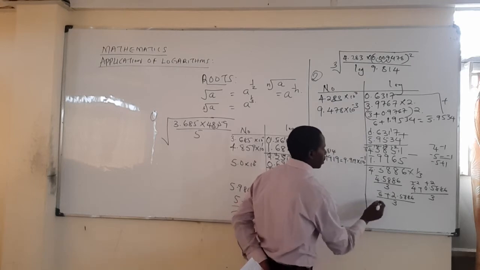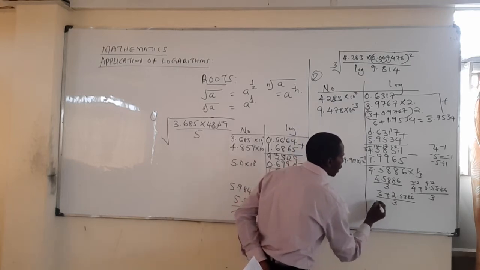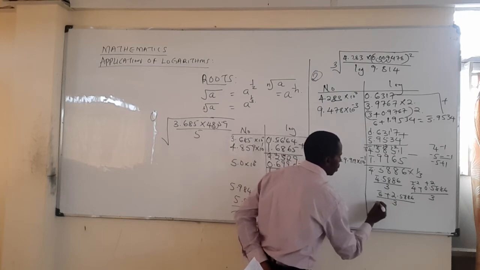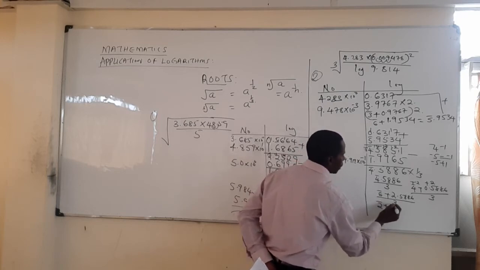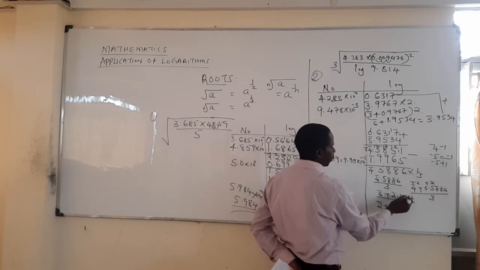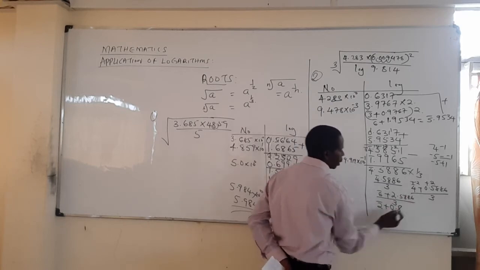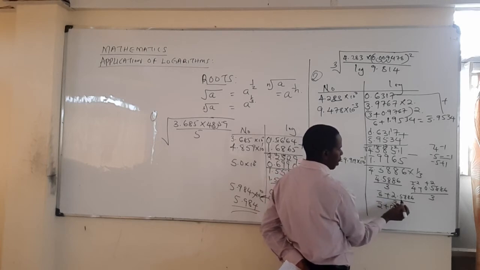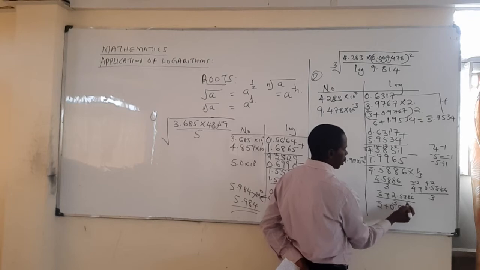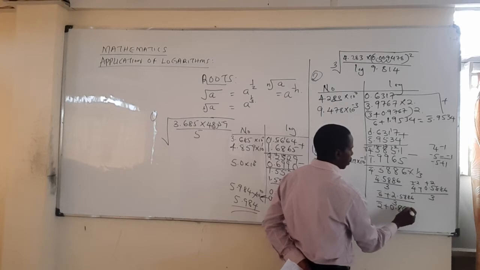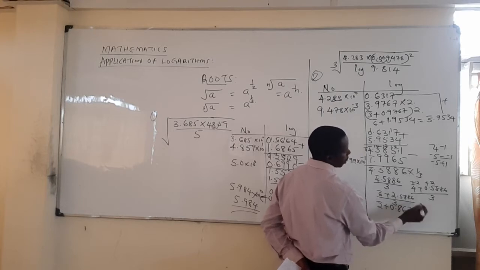Then this is going to be bar 6 divided by 3, that is bar 2, plus 2.5886 divided by 3, going to be 0.8 because of 24, and 18, going to be 6 because of 18, then 8, 2 because of 6, and 2, 26.